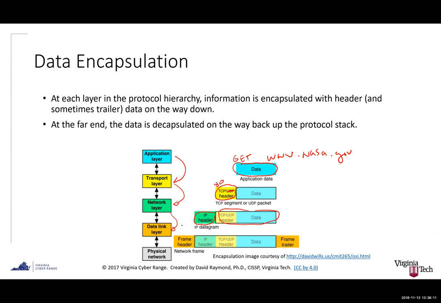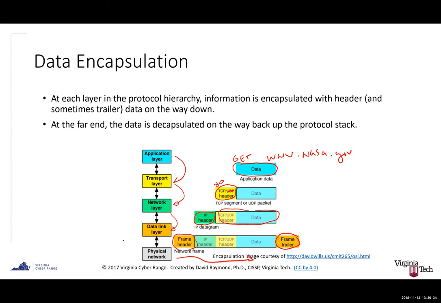And so this is either Ethernet or Wi-Fi. And you're going to get this frame header with MAC address and some other information. And then there could be a trailer at the end with a checksum to make sure that the data is not garbled in transit. And then that's the thing that's actually sent out over the wire, and then it's received on the other end.